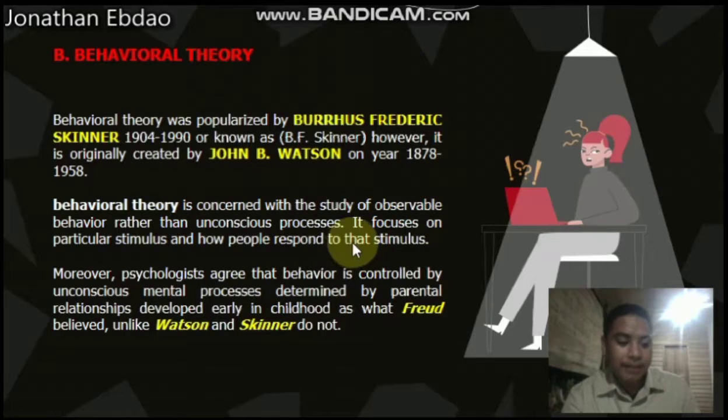It focuses on particular stimuli and how people respond to them. It also maintains that human actions are developed through learning experiences, and that behavior is learned when it is rewarded and extinguished by negative reaction or punishment. Moreover, unlike Freud, Watson and Skinner do not believe that behavior is controlled by unconscious mental processes determined by parental relationships developed in early childhood.